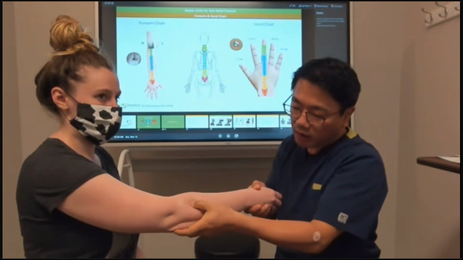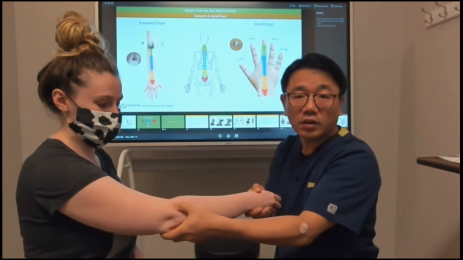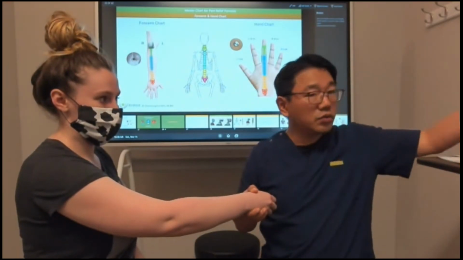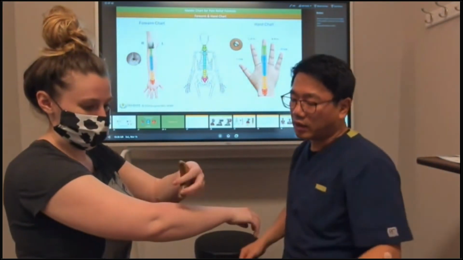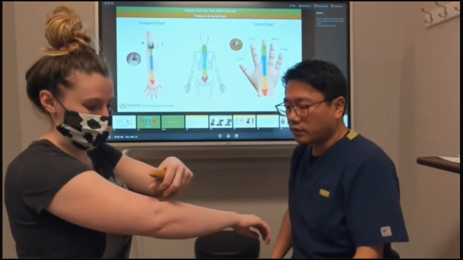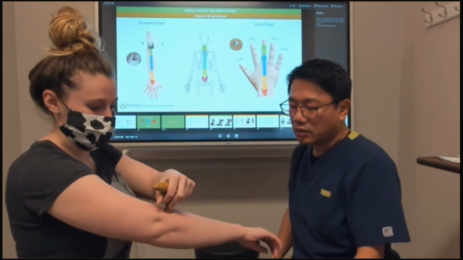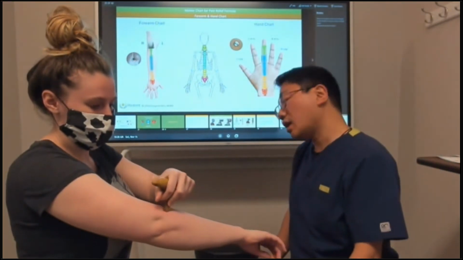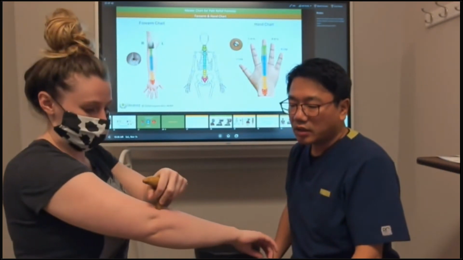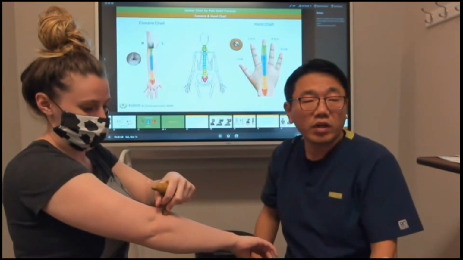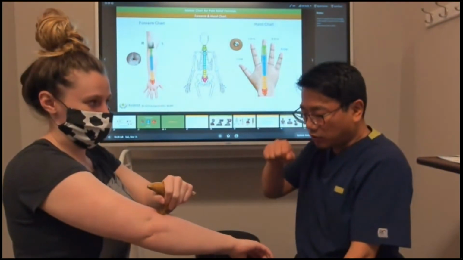So find the point and then apply pressure. Or you can use this. You can do pressure for a few seconds. Find one and check your neck before, and then after the application, you can check your range of motion again. Right here.